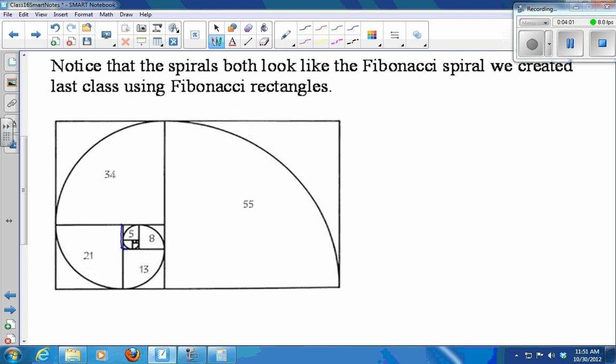Like this rectangle right here is 8 by 13. And each square has side length that's a Fibonacci number, 34, 34. So by building this Fibonacci-based thing, we create this spiral, and it is exactly the spiral that we see in nature.